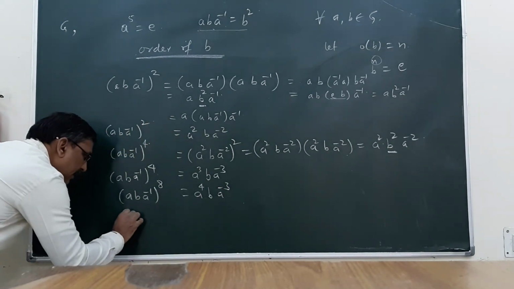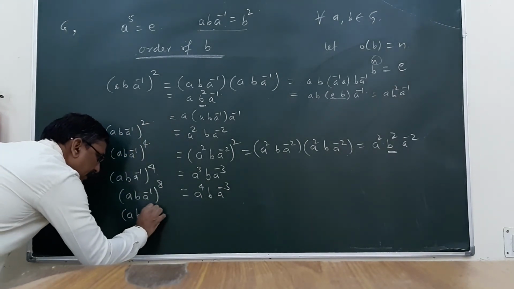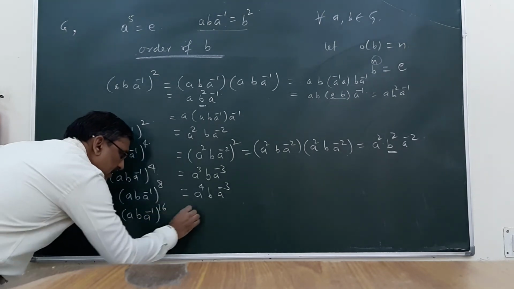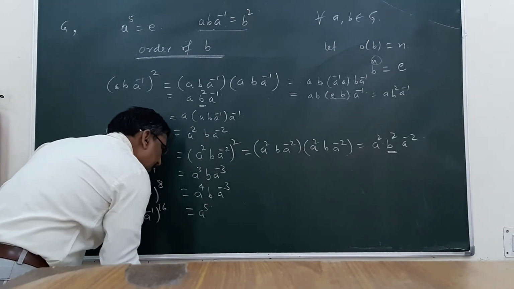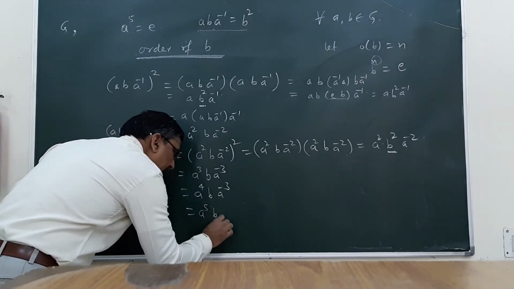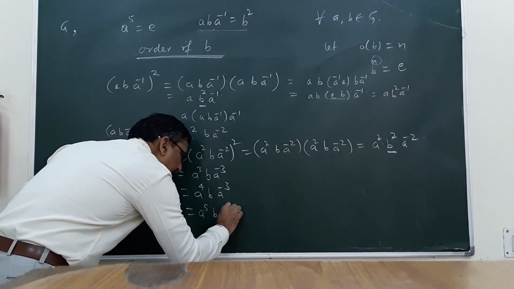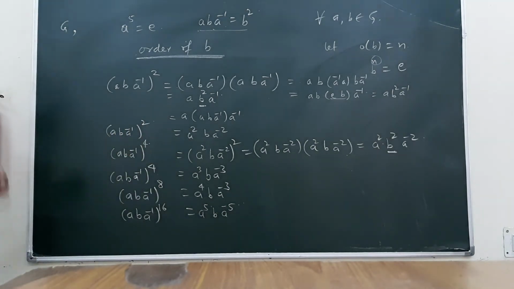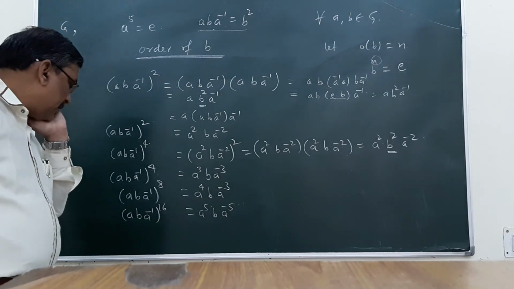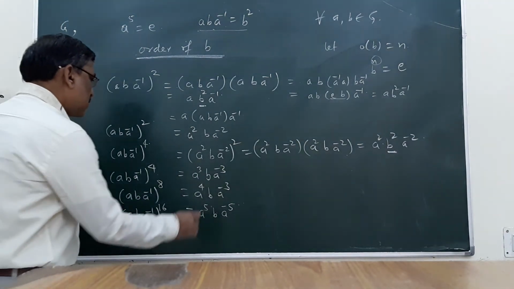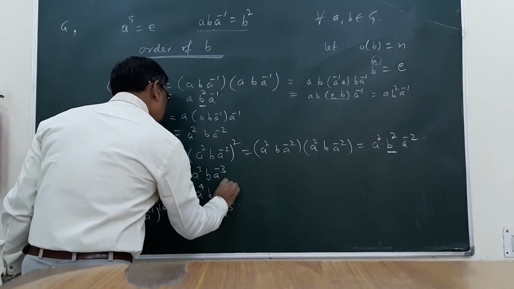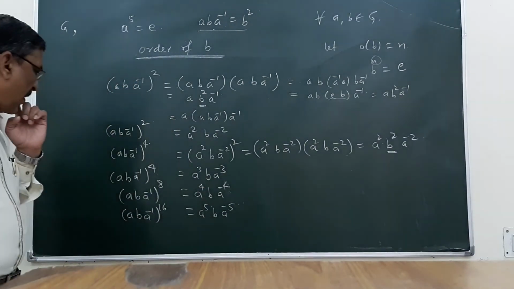And again squaring we will get a raised to the power 5 b a raised to the power minus 5. So increasing by 1 each time: minus 3, minus 4.